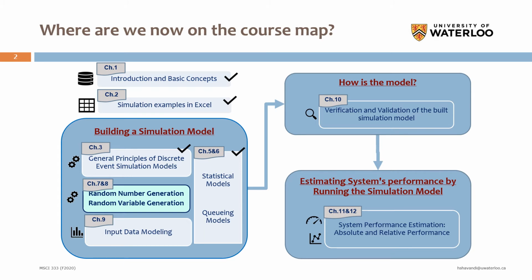So in these two chapters, we're going to see what the concerns are about random number generators and how we can generate random numbers and random variates from particular distributions. Okay, so let's start.